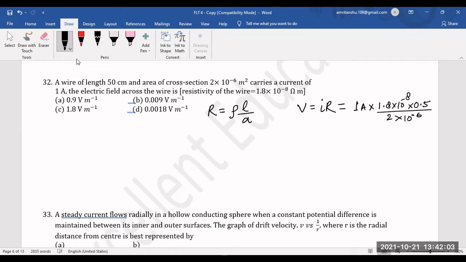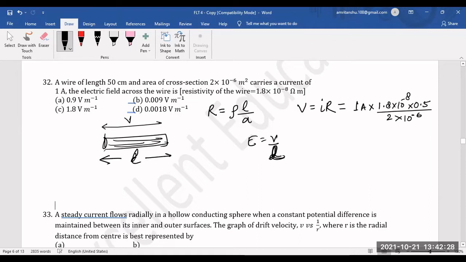Now, actually, we know E is equal to V by D. In this wire, the electric field is given by whatever is the potential difference across this length divided by the length of the wire. I've written D here, but we can just take it as L, V by L. So E is going to be V by L. So L is 0.5.